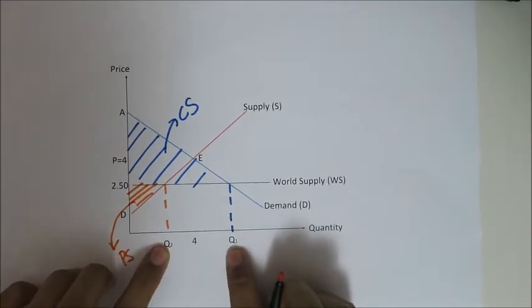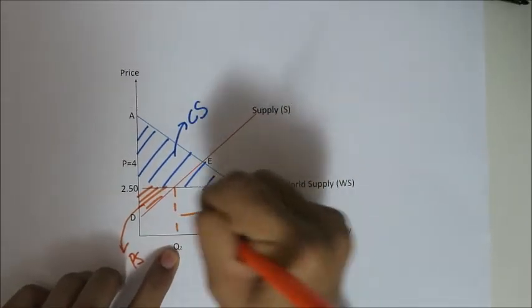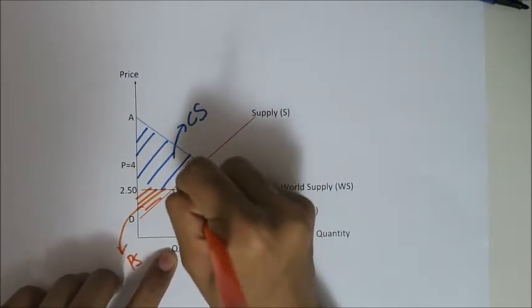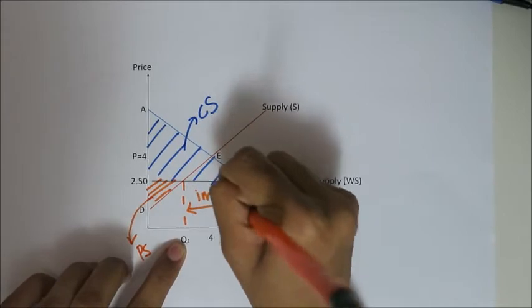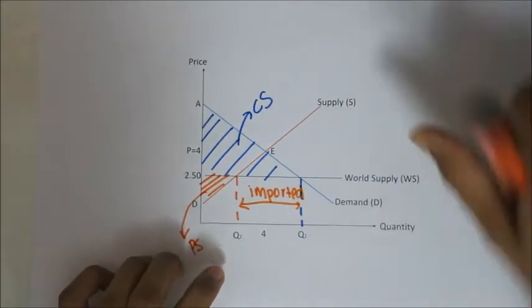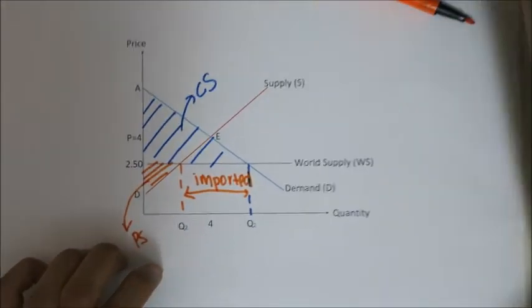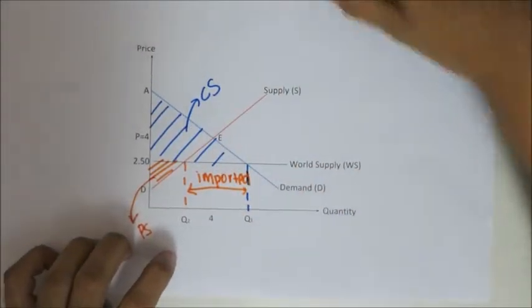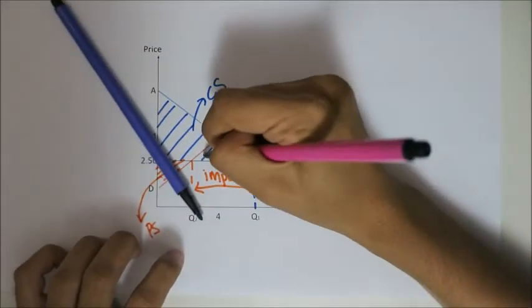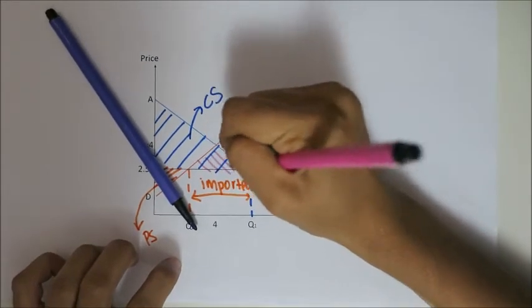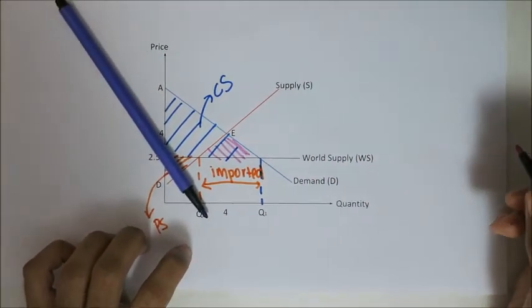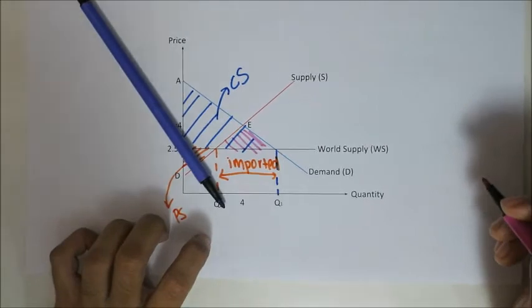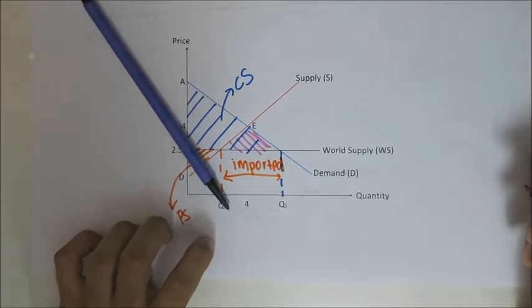So Q2 to Q1 is the amount imported to the country Japan. So with the decrease in price, there are new gains from trade. These would be the gains from trade, whereby consumers gain from purchasing at a lower price.